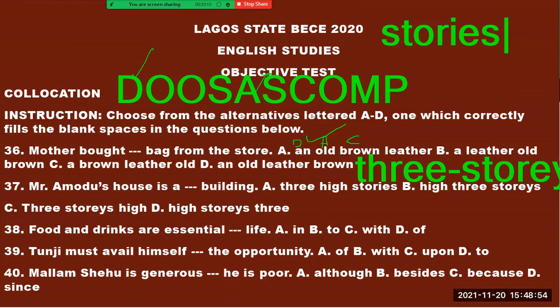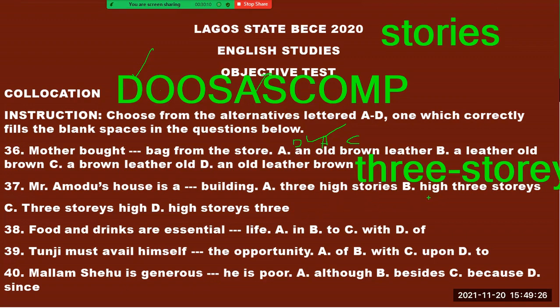But one correction we need to make here is that if you are using 3-story as a modifier, then you hyphenate it, and it's not going to be stories, it's going to be 3-story building, all right? So there is a kind of typo even in these options, but I hope you understand the correct thing whenever you are asked for what is correct.